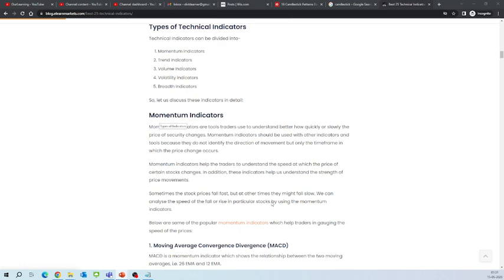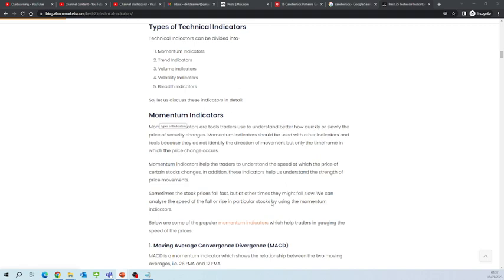Momentum indicators are the ones which show you how quickly or slowly the price of a security will change. I'm sorry, I made something wrong there. It doesn't identify the direction of the movement, but the time frame in which price changes occur.